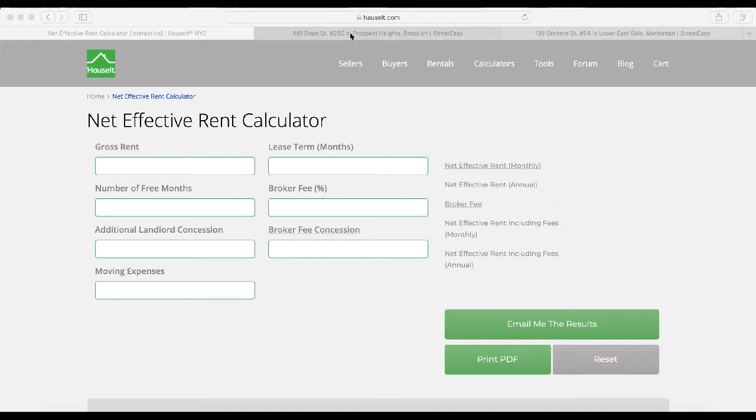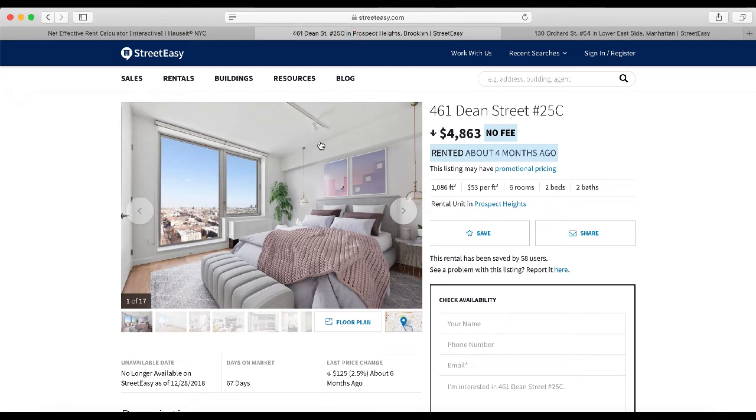So let's look at a couple examples. Here we have a unit in Prospect Heights out in Brooklyn, and you'll see that the rent is $4,863. Now, customarily, whenever we see a listing that has a very unusual number for the rent, something that's not 500 or 750 or 600 or 1,000, it is a possible indication that there's some sort of landlord concession going on, and you might be seeing the net effective rent.